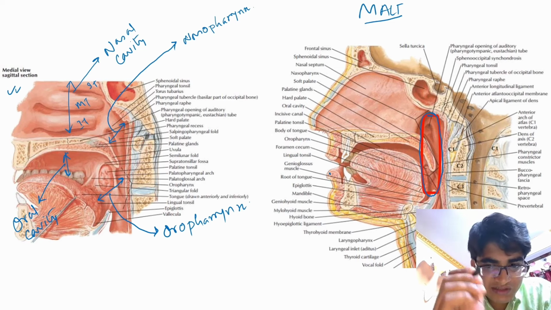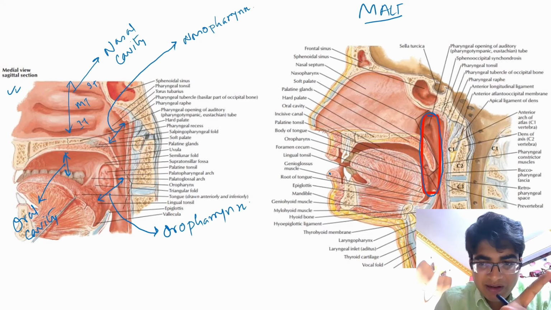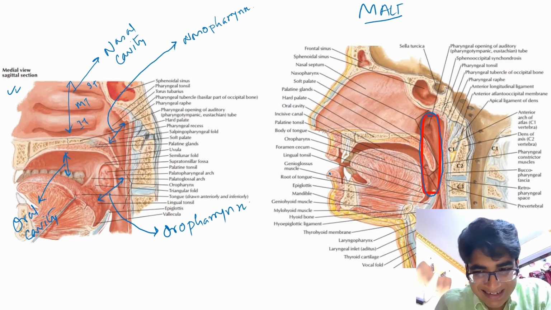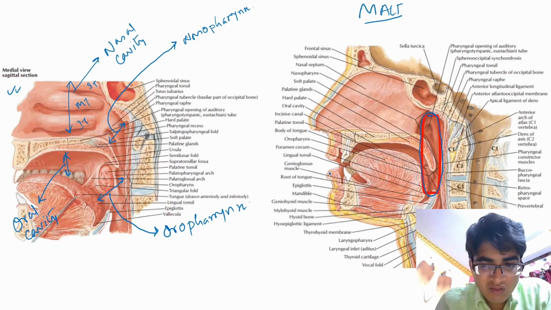So these structures make up the inner ring of Waldeyer. These are lymphoid tissues in the pharyngeal region, in the region of the nasopharynx and oropharynx.